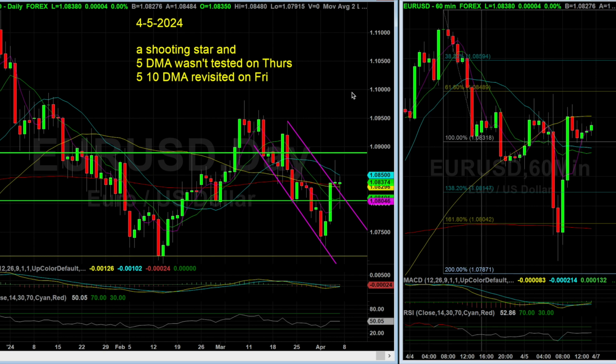Next week, for support resistance, just look at the daily chart. I showed two green trend lines. This should be the support resistance here.